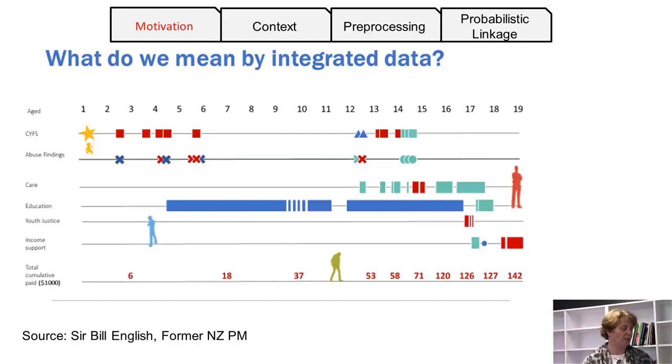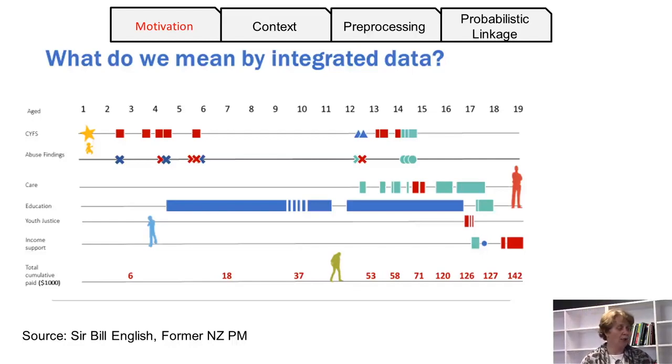Children, youth, family services, abuse, care, foster care, education, youth justice, income support, and then at the bottom is the dollar cost to society of interacting with those programs. That of course is quite separate from any other costs, which one might want to monetize as well.